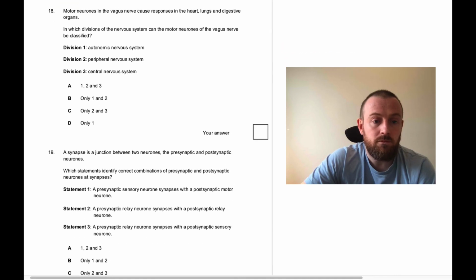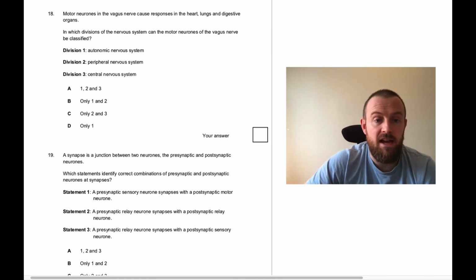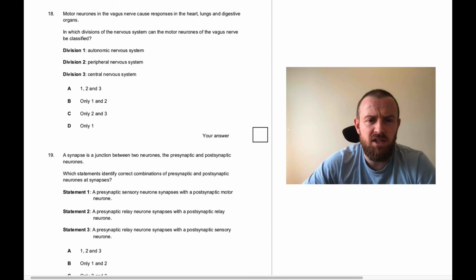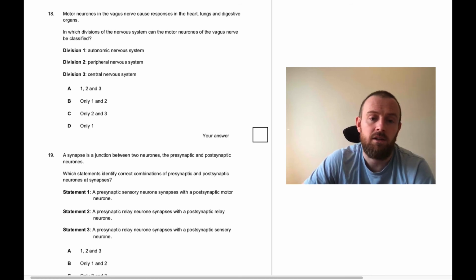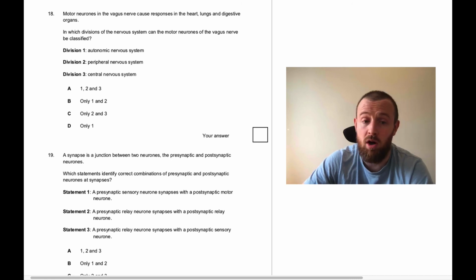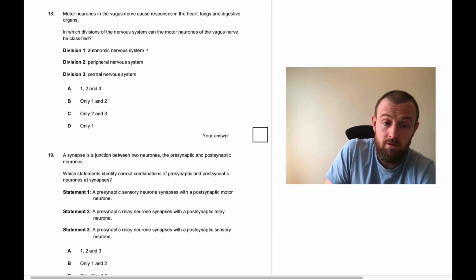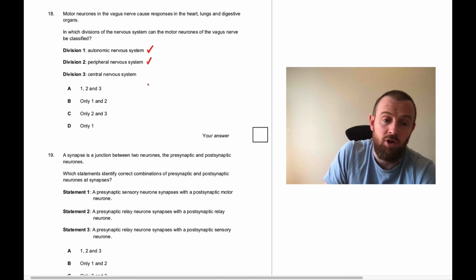18. Motor neurons in the vagus nerve cause responses in the heart, lungs, and digestive organs. In which divisions of the nervous system can motor neurons of the vagus nerve be classified? Well, the vagus is part of the autonomic, and it's part of the peripheral, not the central.